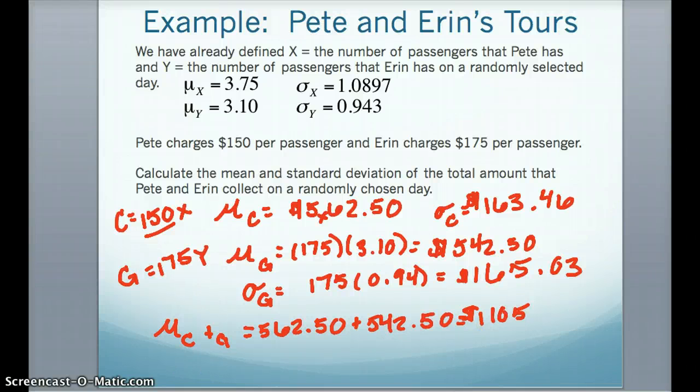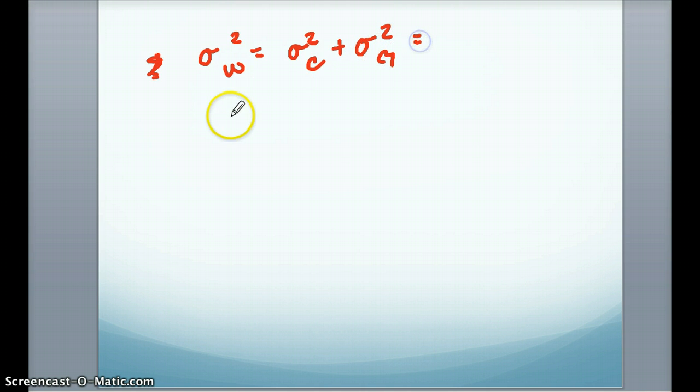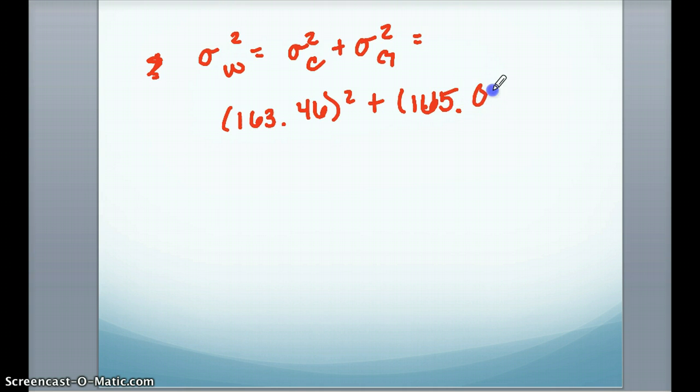Okay, on a randomly chosen day. And then for our standard deviations, we already spoke about them being independent, so we know that we can do it. So I'm just going to have to first find their variances. I'm going to take their standard deviations, 163.46 and 165.03, and I have to square them for my variances.